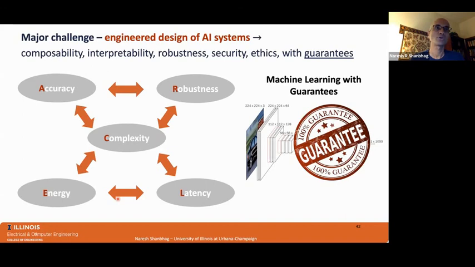Let me now build a component that meets those specifications, then compose a large scale AI system, and I can now give guarantees on the behavior of that particular intelligent machine. So this is an engineered design of AI systems, designed with guarantees.